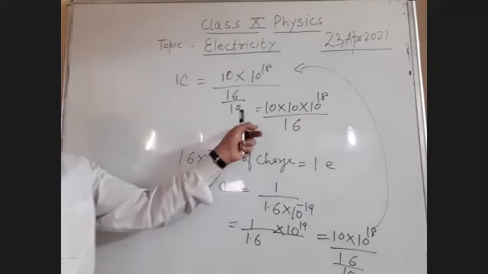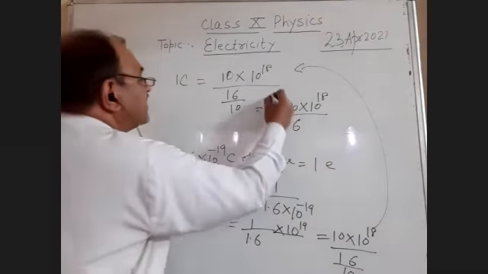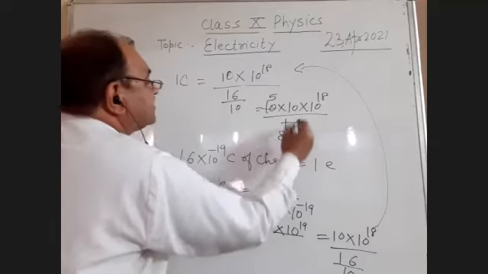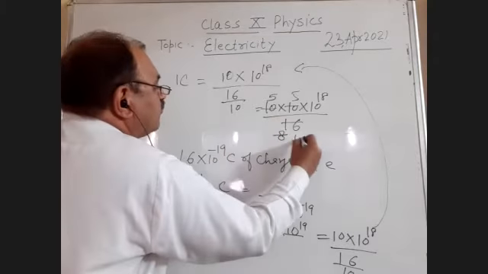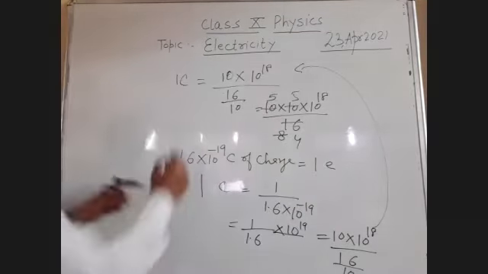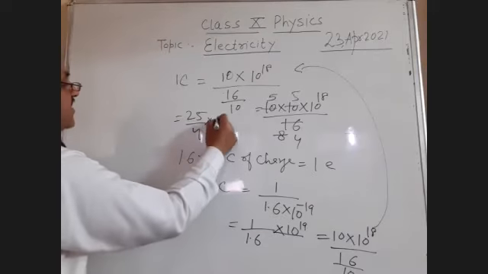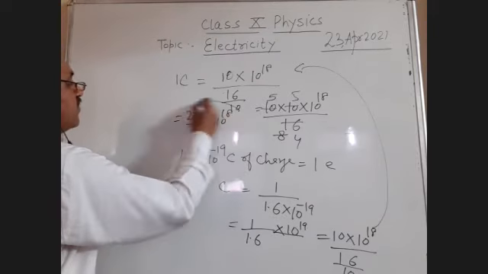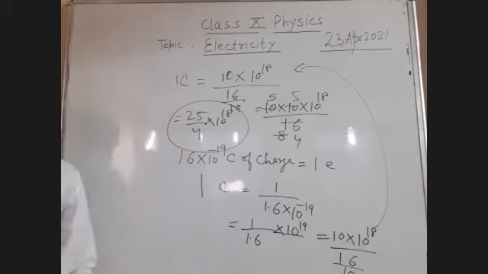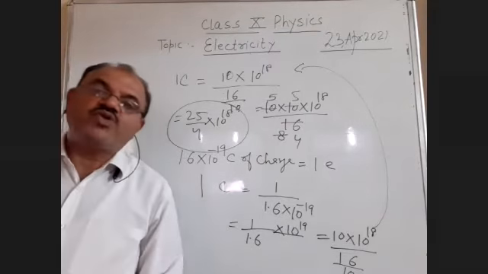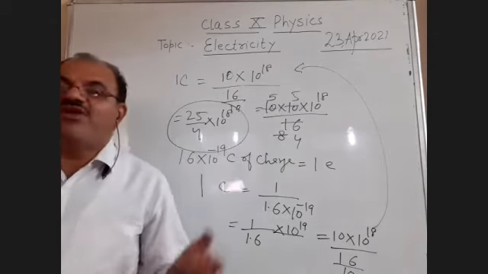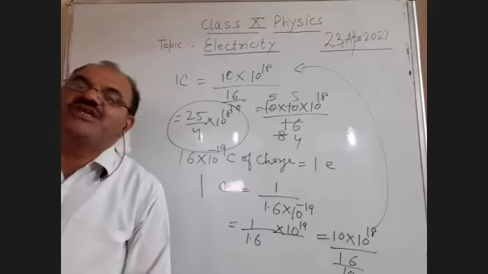Now, I will solve it. 2 fives are 10, 2 eights are 16, 2 fives are 10, 2 fours are 8. 5 and 5, students, it is 25 by 4 multiplied with 10 raised to the power 18. Now, if I solve 25 by 4, the value will be 6.25.